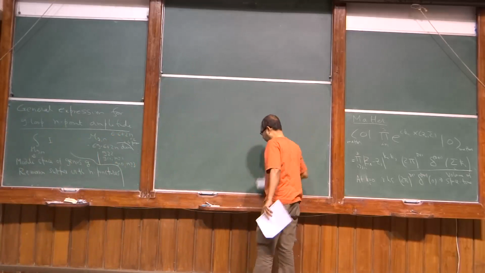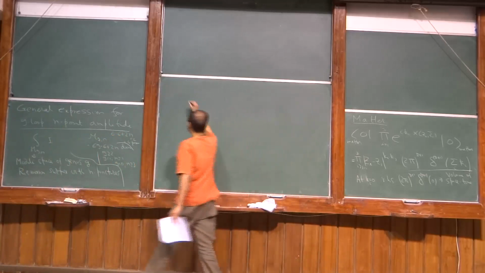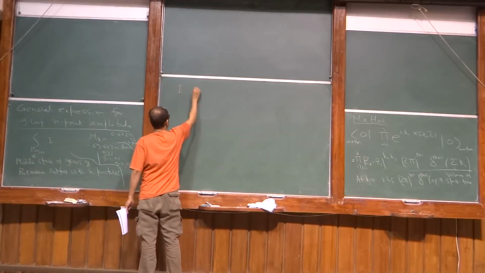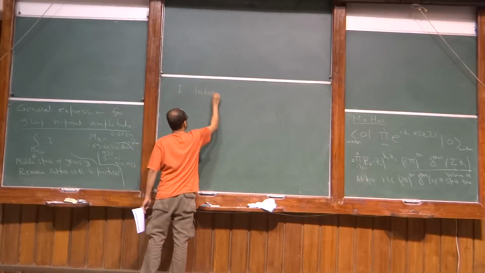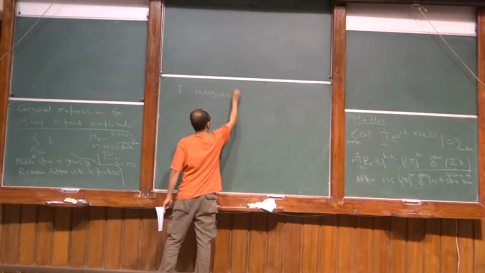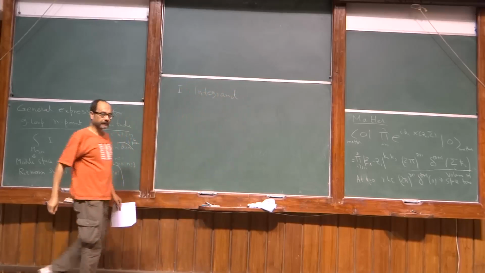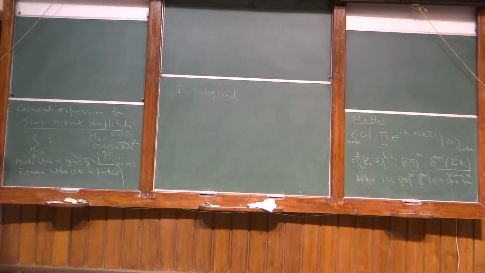But let me say a few words about I. So I is the integral, which has to be integrated over M_gn.